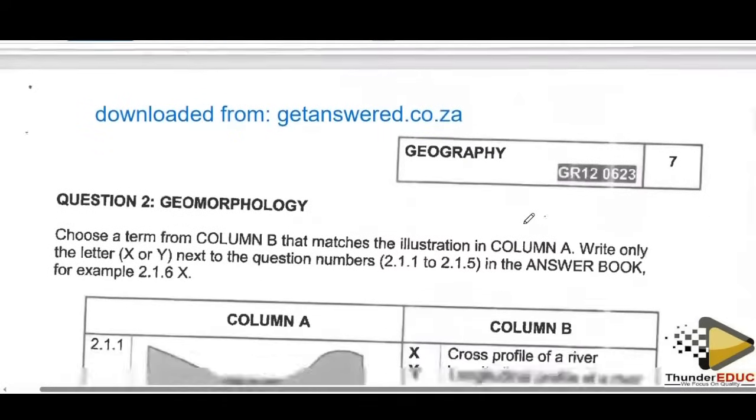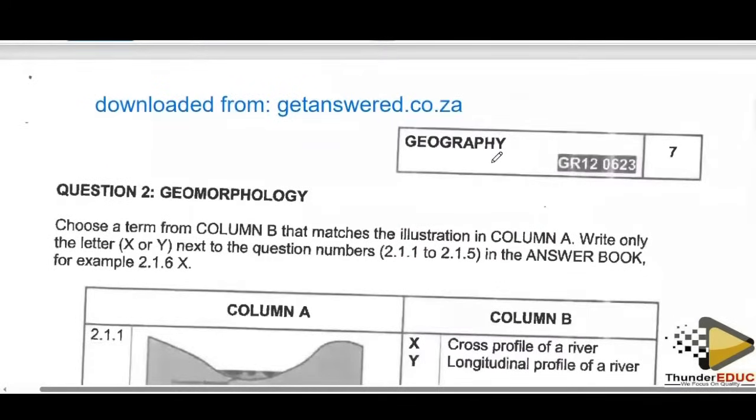1.4.5. All right, so now we're going to question number 2, which is geomorphology. So question 2, geomorphology, they say, choose a term from column B that matches the illustration in column A. Write only the letter X or Y next to the question numbers as shown in brackets 2.1.1 to 2.1.5 in the answer book.